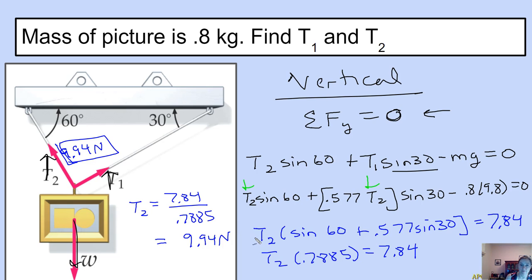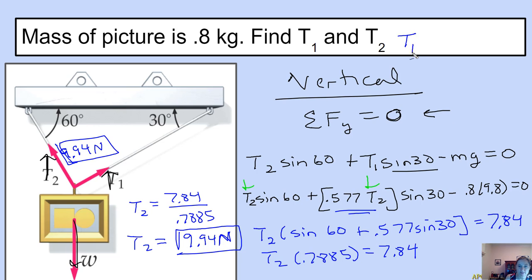So check your work. If you ever solve for a tension or friction and you get a negative sign, it means you chose the wrong direction. You assumed friction was going to the left and it was going to the right. Okay, so that's T2. We are almost done, folks. Hang in there. We don't know what T1 is, but psych, we do.